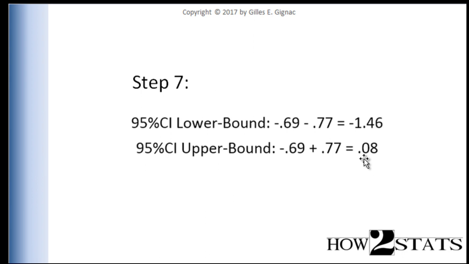And because the confidence interval associated with the difference between the sample mean and the population mean, or the non-sample mean, because one value is negative and one is positive, this implies that with 95% confidence, we cannot reject the null hypothesis of no difference between the sample mean and the population mean.